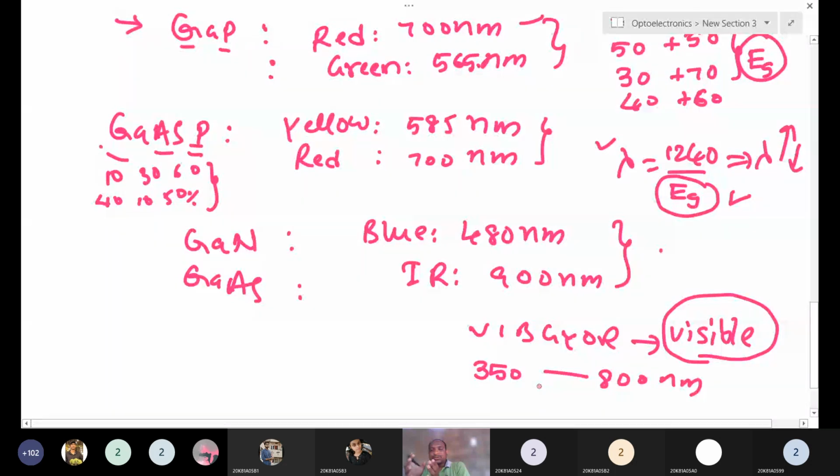Here we have seen some examples. If you use gallium phosphide, red color, green color, this is in the visible range only, 700, 560. If you use gallium arsenide phosphide, you will emit yellow, red, that is also 580 and 700. This is also visible range. If you use gallium nitride, blue photons will emit, that is 480 nanometer.